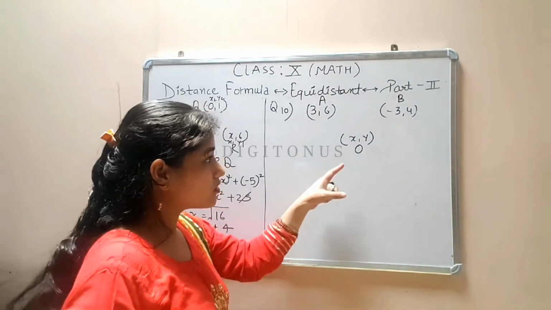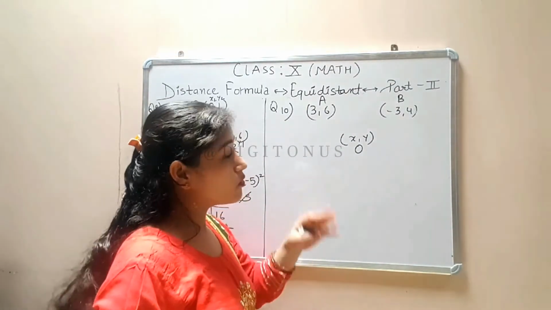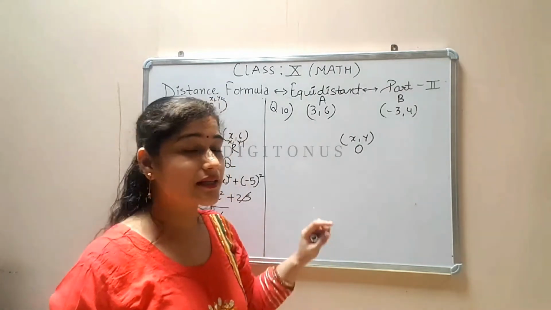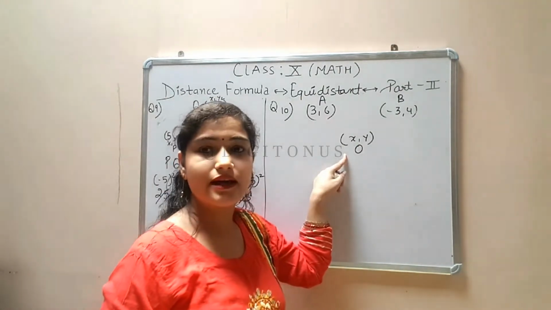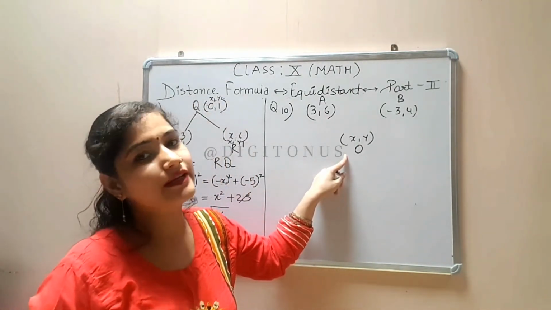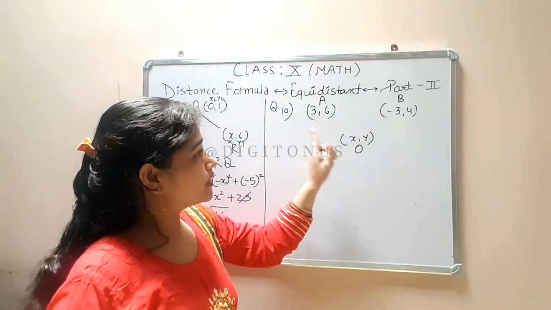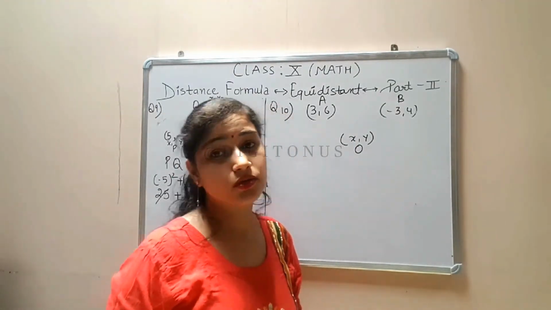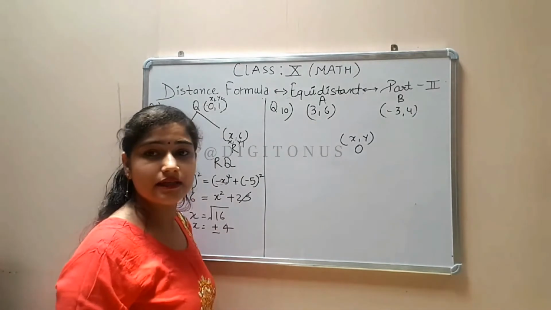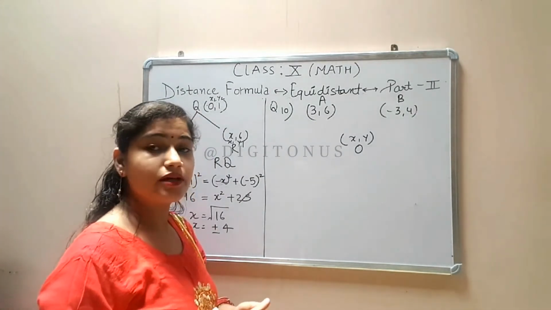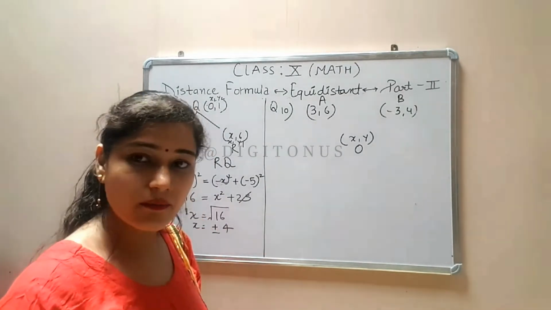They are not saying that it's on the x-axis or y-axis. So they are not asking the value of both coordinates. They are asking the relation between x and y, because the answer will come in the form of x and y.